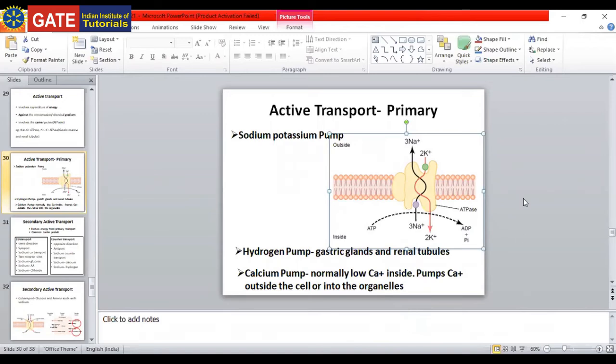Because of the concentration gradient. Which means when it is more outside, it has to move inside, according to you, correct? Yes, ma'am. So do I need energy to move in that direction?